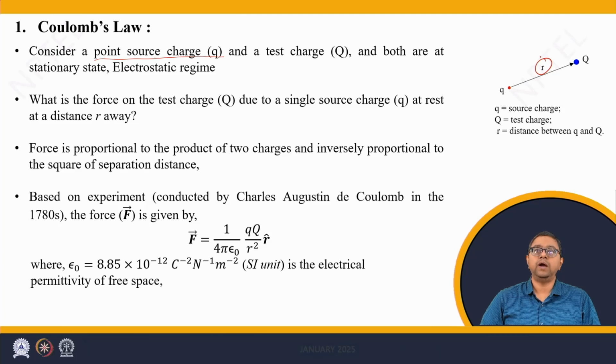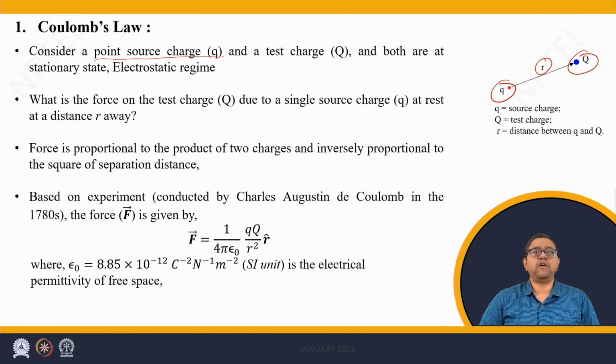Here, little q and capital Q are the 2 point charges shown in red and blue colors. Our aim is to know what is the force on the test charge capital Q due to the single source charge little q at rest and at a distance r away.